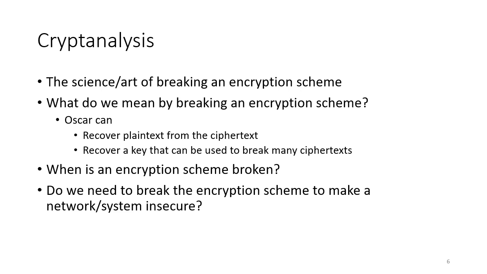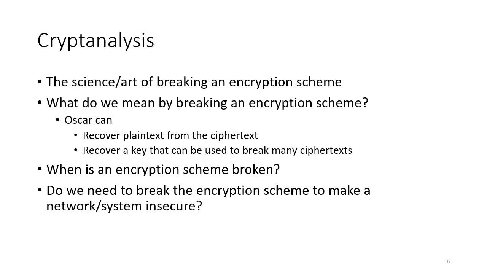And if that's all he does for a particular instance, this might be okay. But oftentimes, breaking the encryption scheme implies that Oscar has recovered a key. And if the key has been recovered, Oscar can use that key to break many ciphertexts.